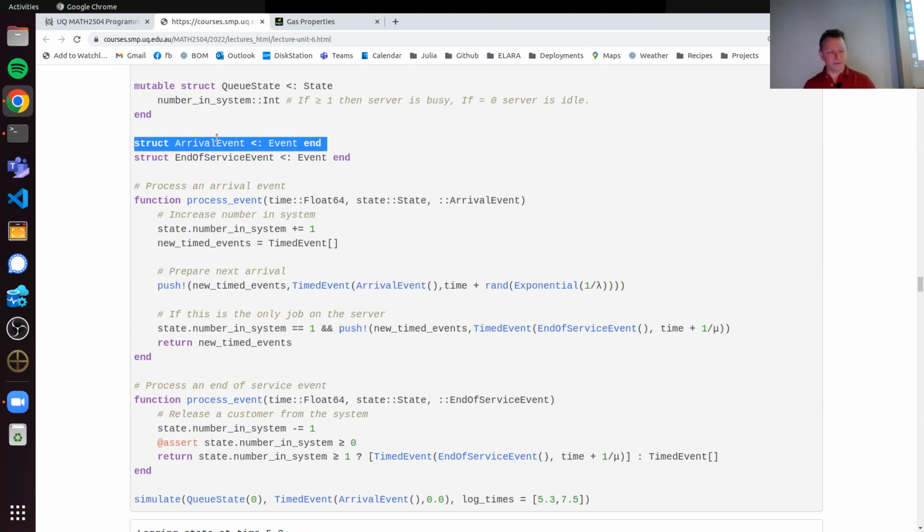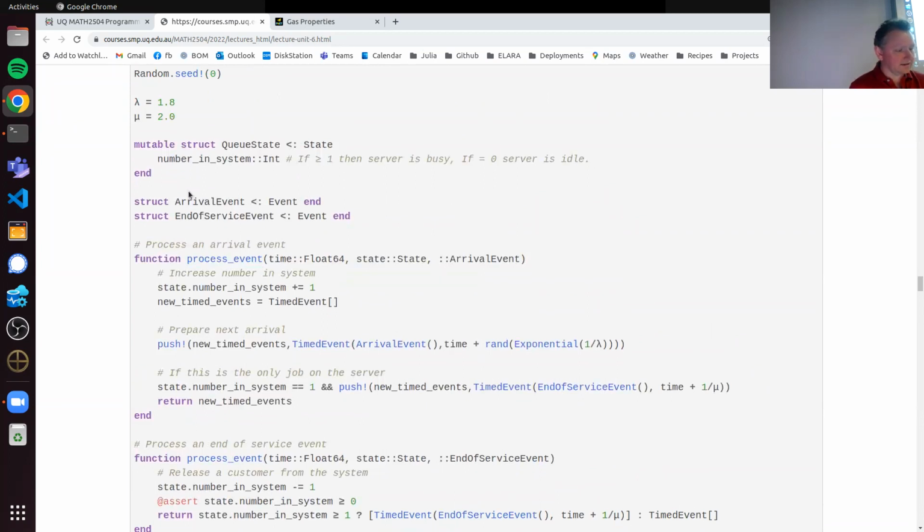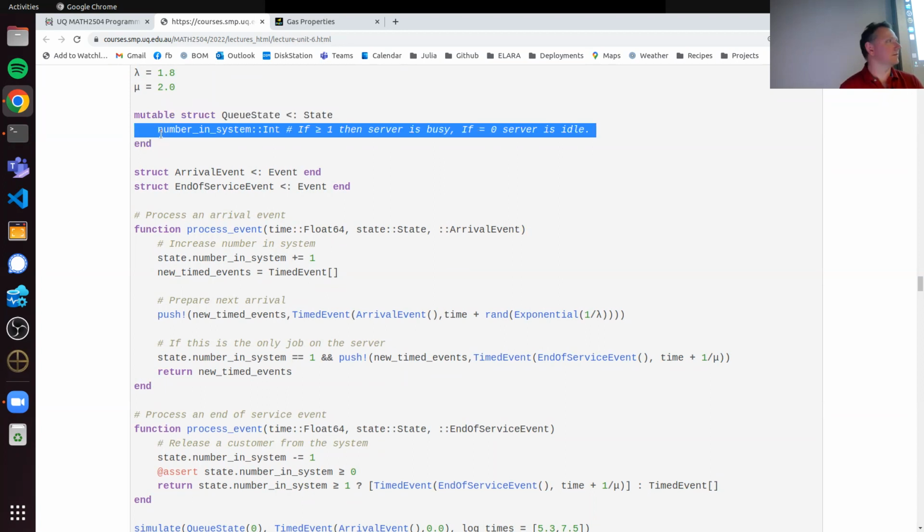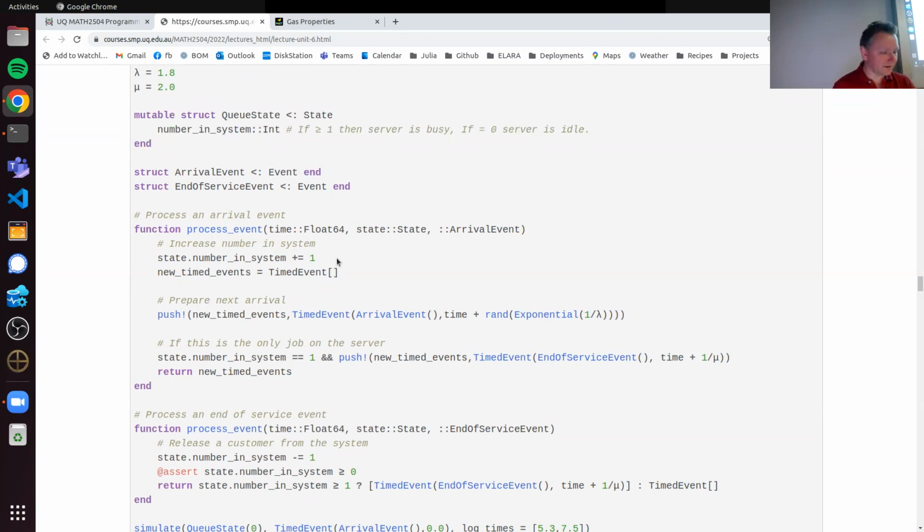In a more complicated system, you would have things inside here that tell you where the people are arriving, what their names are, that kind of thing. Or for end of service events, you might record what the outcome was, a success or a failure. There might be actual data inside here, not just the name. It could just be written with zero lines in the middle, but it's a bit shorter to write it this way.